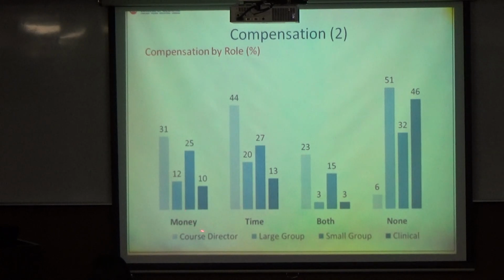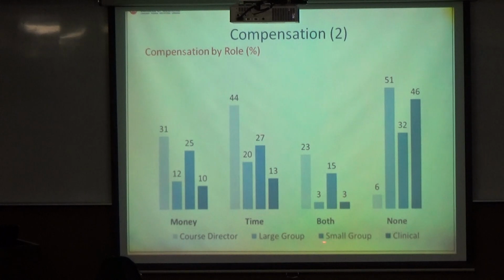The course directors who have an actual title and leadership responsibilities are compensated with money, with time, even both, and far fewer of them are doing this voluntarily. If you're a course lecturer, not so much money, but some of them do get some time and so forth.